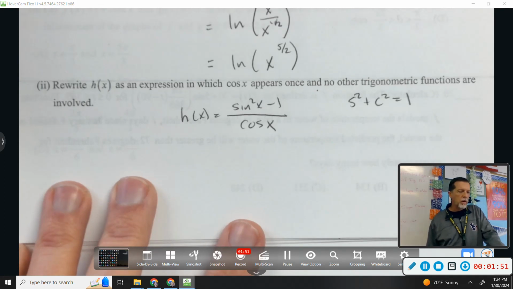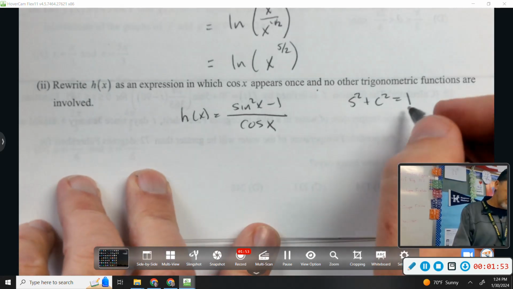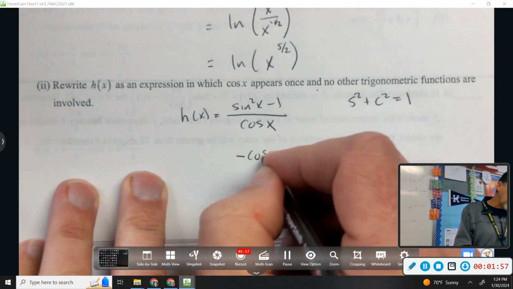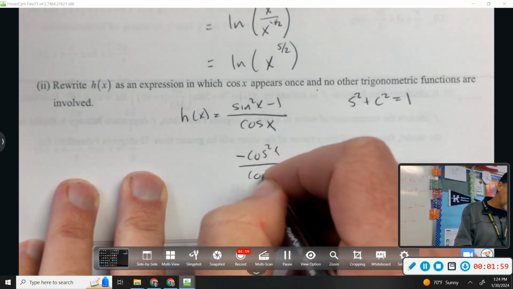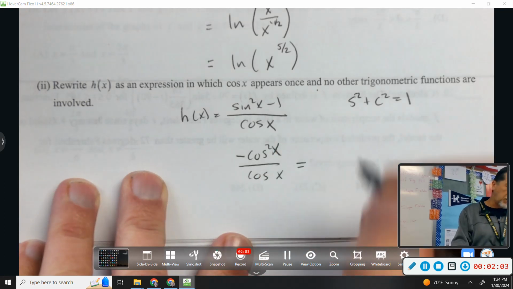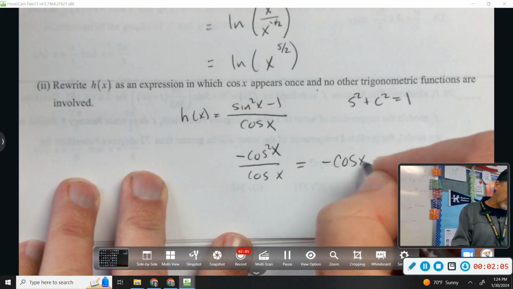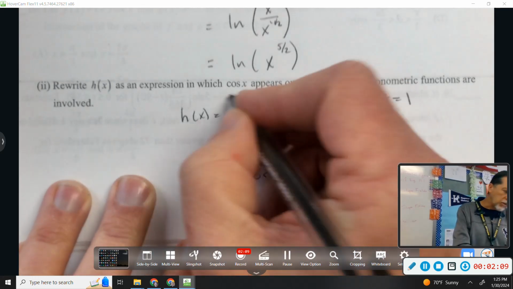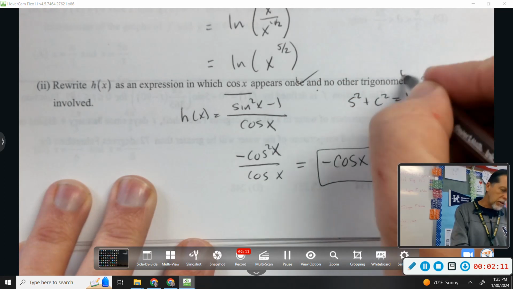So sine squared minus 1 would be negative cosine squared over cosine, so that would just be negative cosine of x. So yes, cosine of x appears once, no other trig functions are involved.